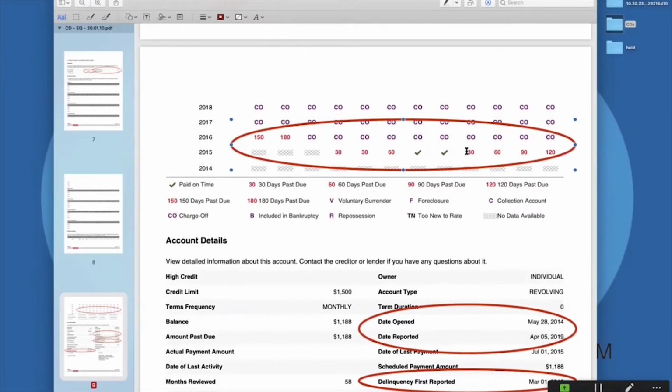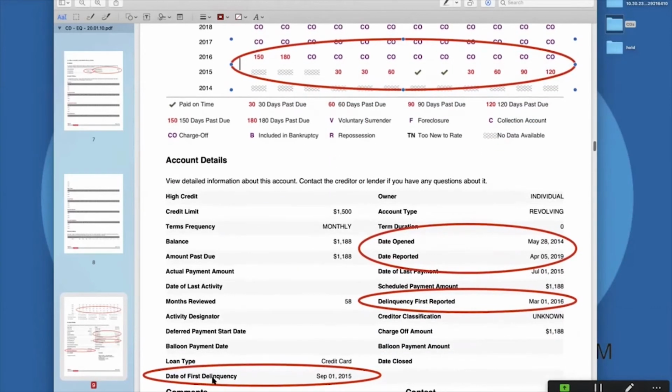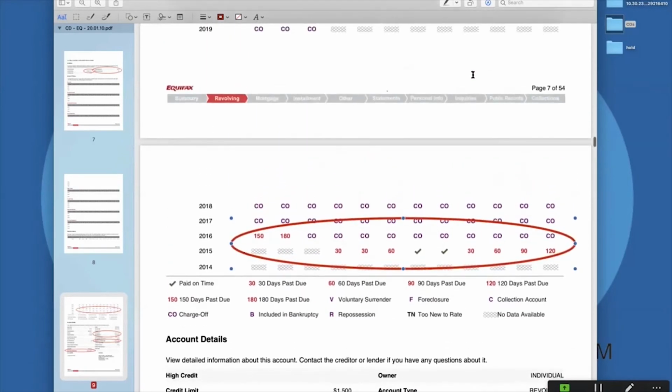Now, the way the Fair Credit Reporting Act is written is that it is 90 months. An item can no longer stay on your credit profile beyond 7 years plus 6 months after the date of last delinquency or most recent delinquency. So that's what this is. The date of first delinquency is saying that it's September. That's spot on.